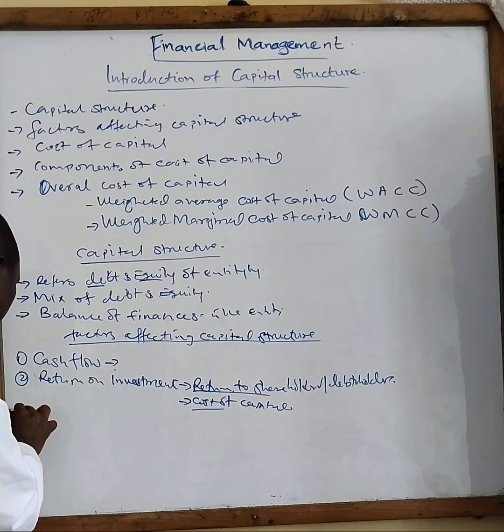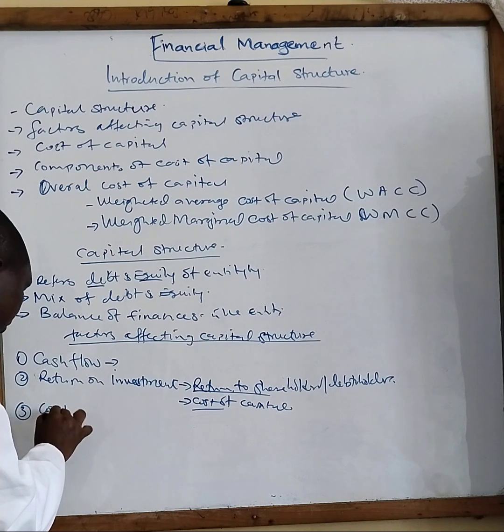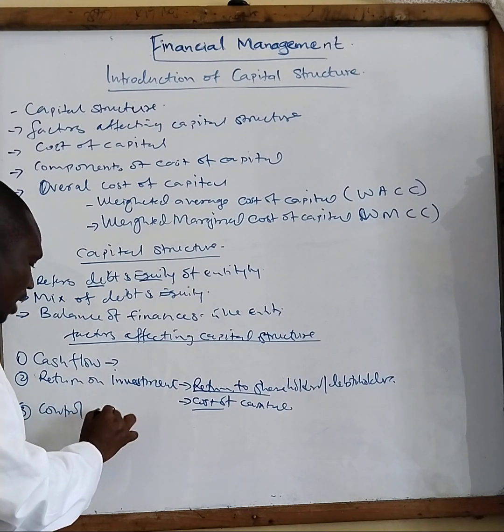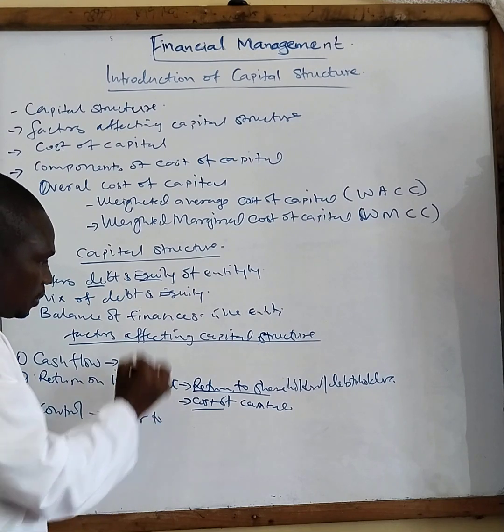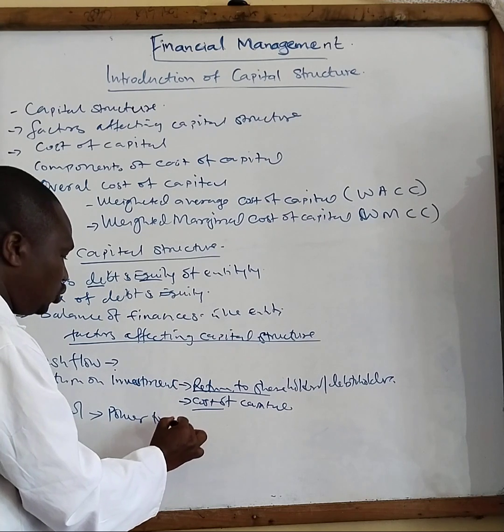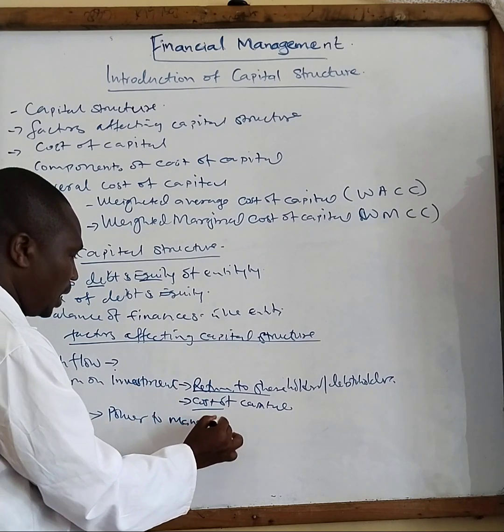The third one is what we call control. In this case, we are talking about the power to manage capital.